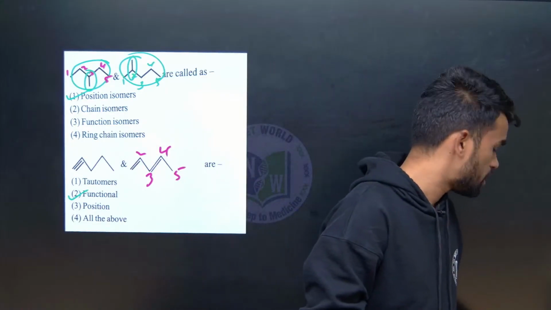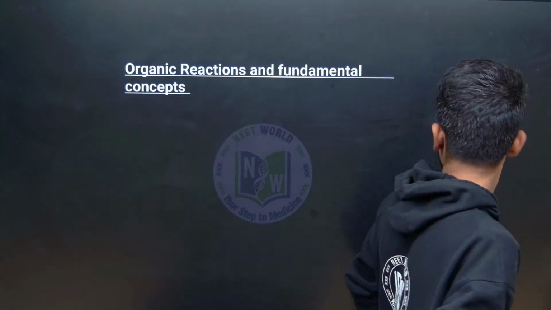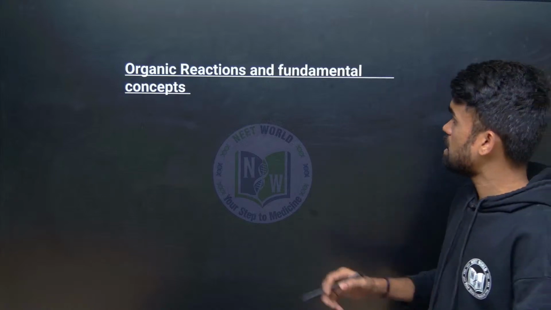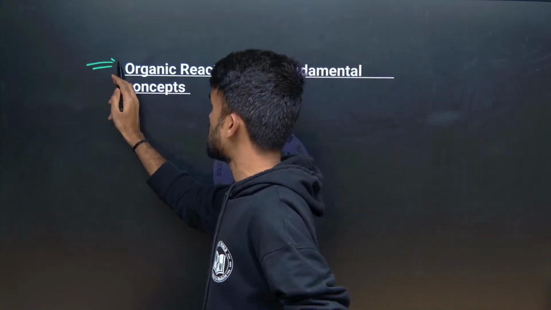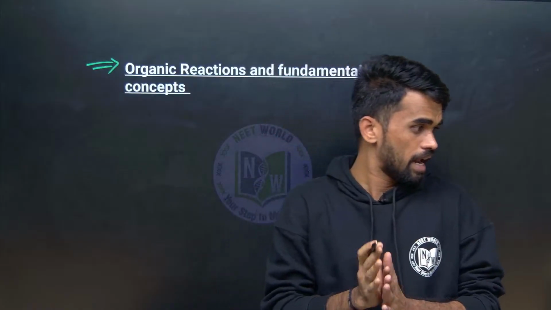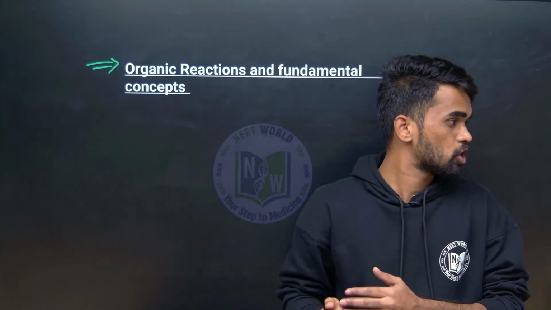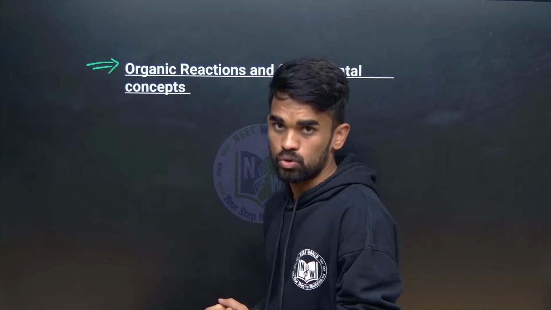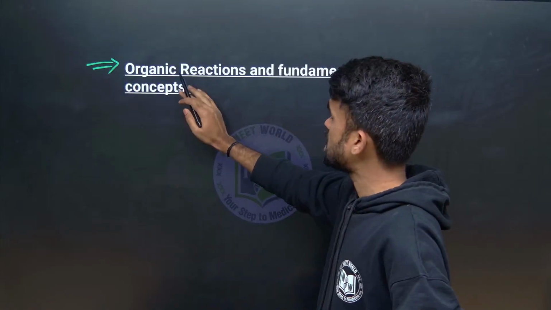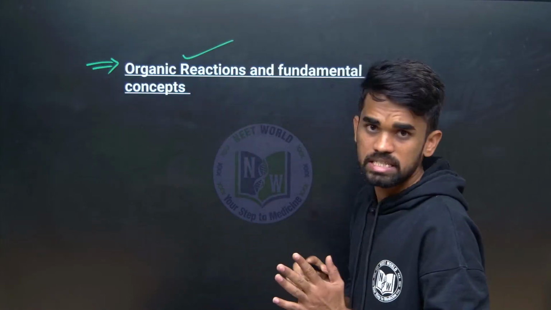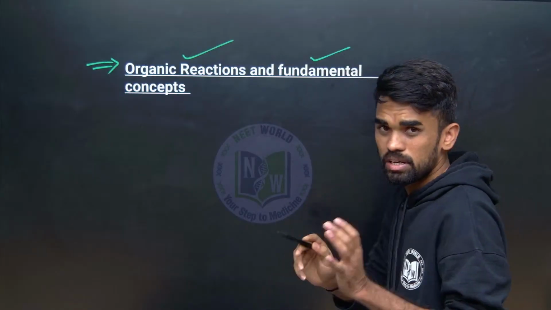Then let's move further. We have understood basic organic naming, the naming of compounds using IUPAC rules. Now let us understand how organic reactions take place, and look into the fundamental concepts.